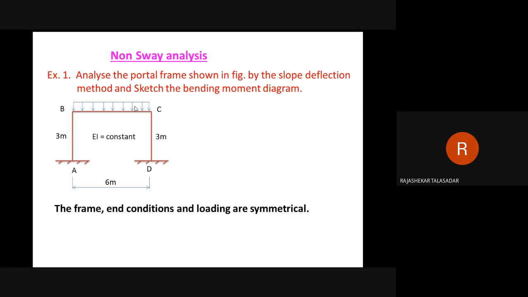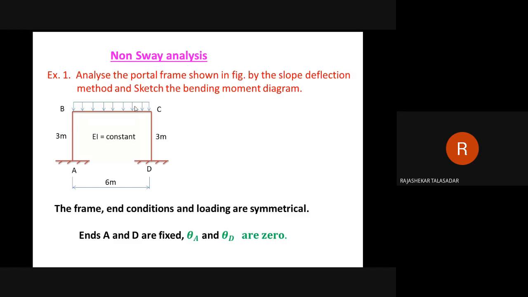Now, if you analyze this frame, it is a symmetric frame because the loading is symmetric. Even the end conditions, that means support A and support D, are the same. If one were hinged and one fixed, it would be non-symmetric. But both supports are fixed and the loading on the beam is complete, so we call this symmetric. Now, thinking of the rotations, ends A and D are fixed, so rotations at those ends will be 0, that means theta A and theta D are 0.